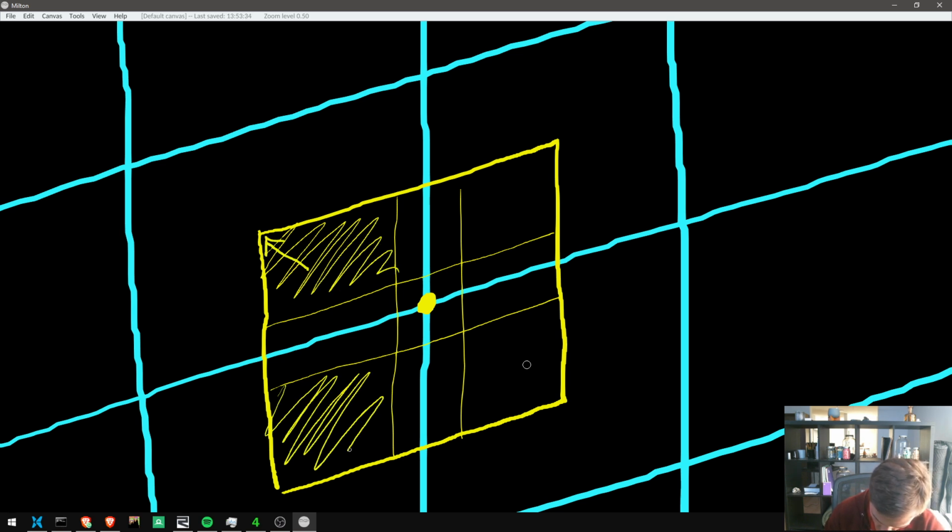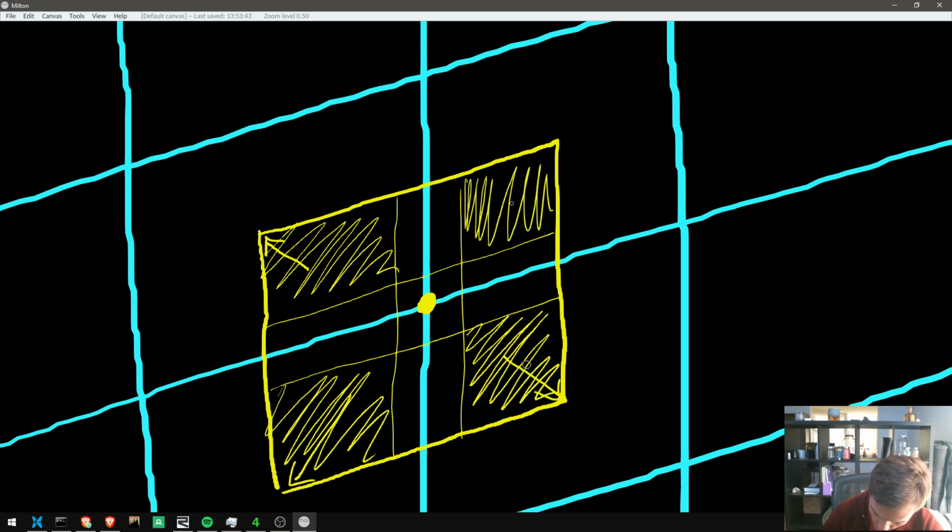Everyone in this space here maps to this point. Everyone in this space here maps to this point, or to this edge. I feel like this picture isn't quite going to work.